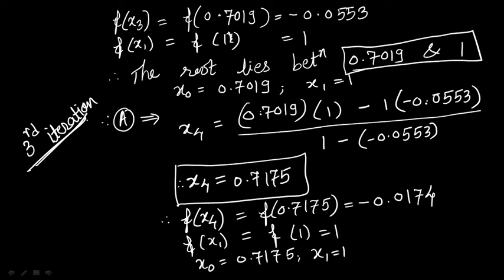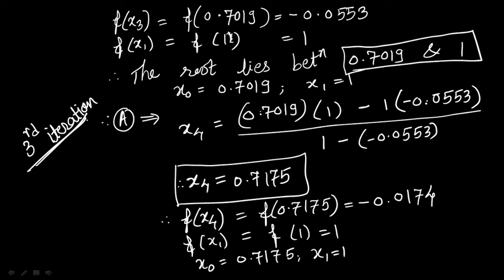Now in the third iteration, apply the same formula and find out the x4 value. Continue this process till the difference between two consecutive values of x, that means x3 and x4, is less than 0.0005, then we stop the iteration, or f of x is approximately equal to 0.